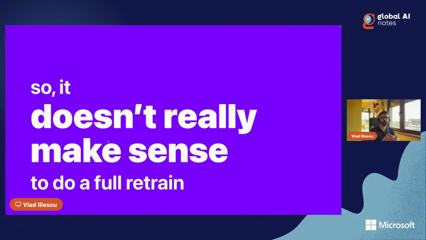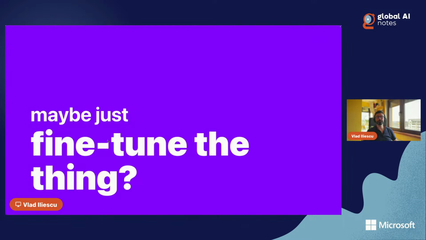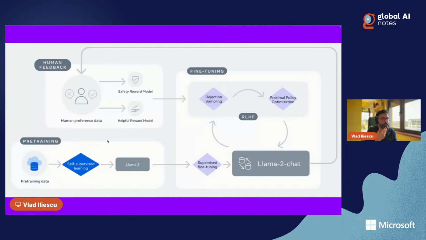So thinking about this, it doesn't really make sense to do a full retrain. It costs a lot, takes a lot, and needs a lot of data. We shouldn't do it just to get recent information. So maybe we can just fine-tune the thing, because fine-tuning is way simpler than retraining everything.